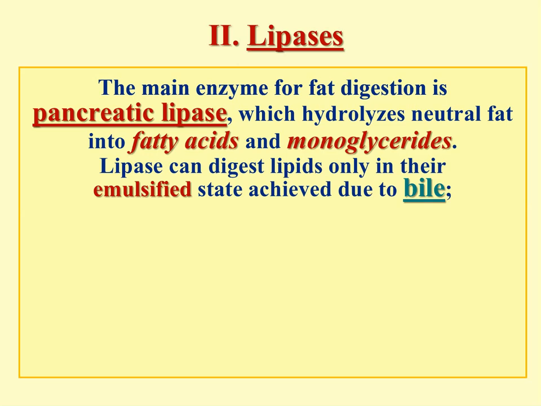It can digest lipids only in the emulsified state, which is achieved due to bile. When lipids are in larger particles, even particles that are rather small for us are too large for lipase, and it can work only on the surface. With larger size, the surface is negligible relative to the volume of the total droplet of lipid. The smallest droplets can be formed only due to bile.